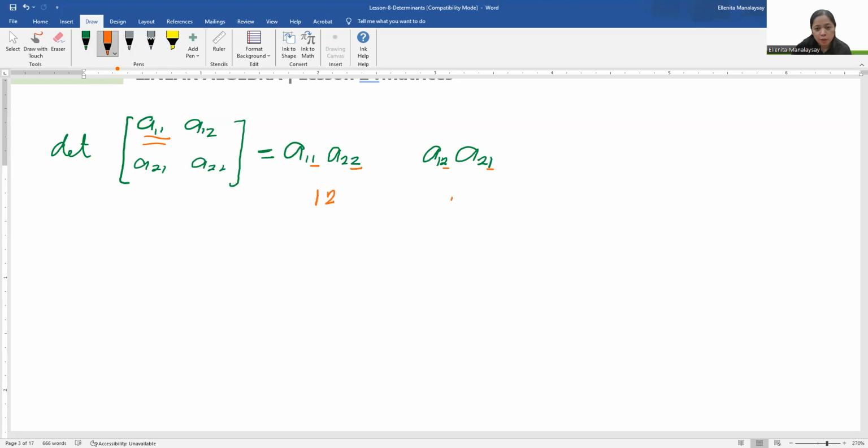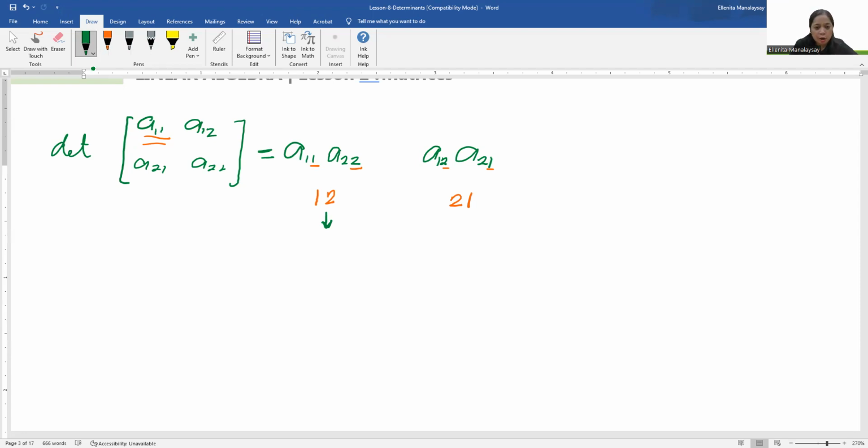In this case, we have 2, 1. If we have 1, 2, we try to find the number of inversions, and afterwards, we identify whether the permutation is odd or even. If that is even, the sign will be positive. If that is odd, the sign will be negative.